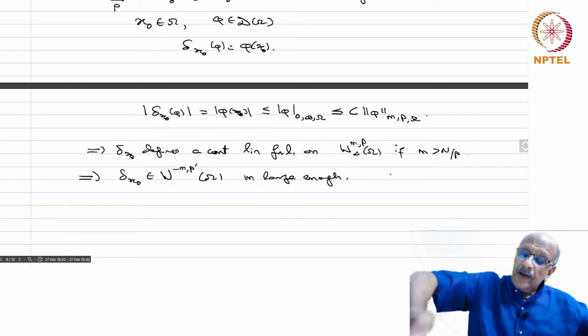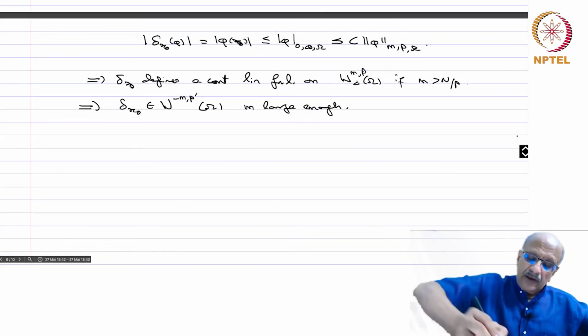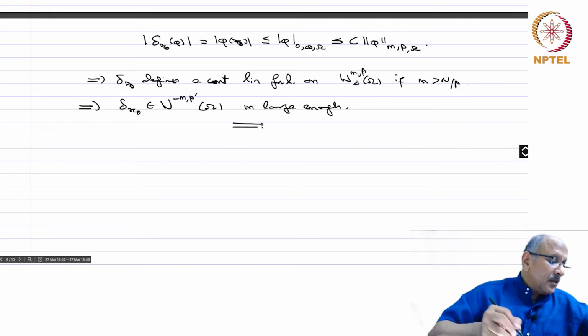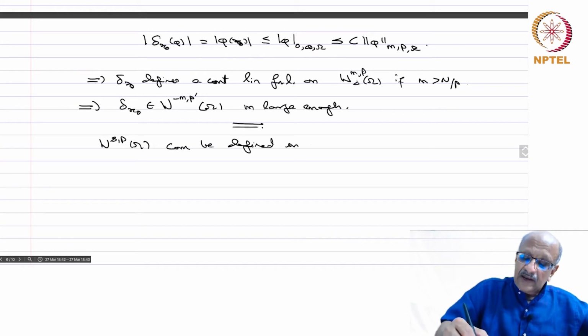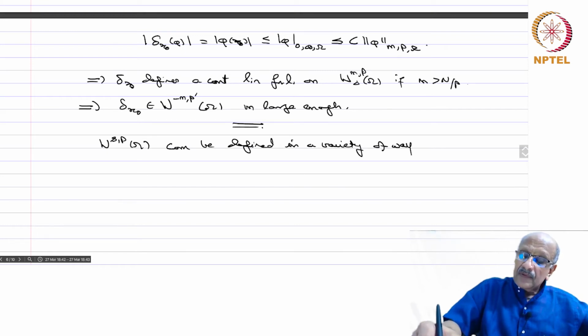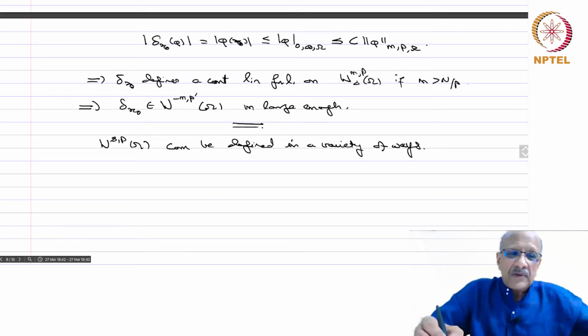Now, having defined the negative spaces, we can define W^{s,p}(Ω) in a variety of ways. And this gives rise to various types of Sobolev spaces. They are sometimes called Besov spaces, Bessel-Potential spaces, and so on.